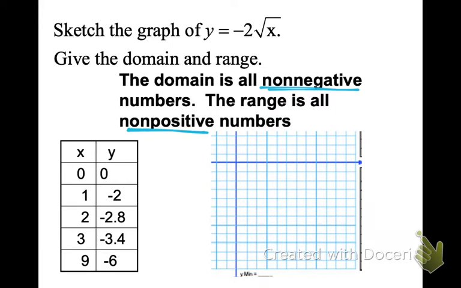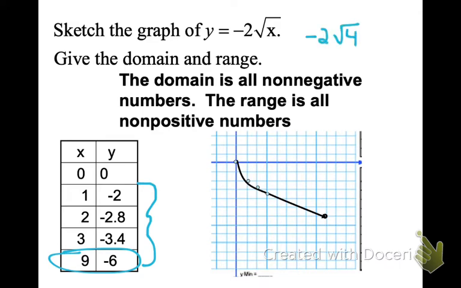And then we just plot our points to graph, and you'll have some of these in your homework assignment. And it might look something like that. These answers I got, of course, by using a calculator. We could pick values that are perfect squares. I could have picked a 4, and then I wouldn't have to use a calculator. So it's up to you.